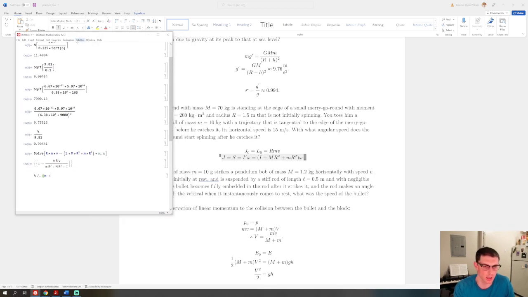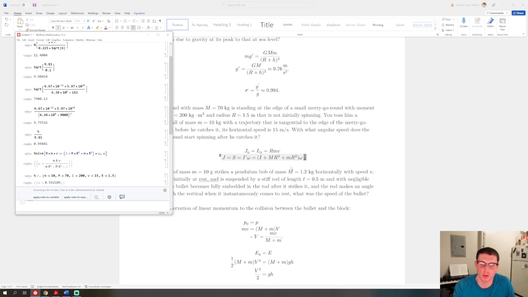So little m is 10. Big M is 70. I is 200. And this isn't going to be very fast if I remember correctly. V is 15. We need R. R is 1.5.